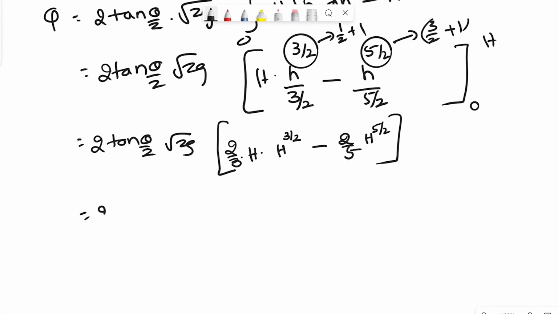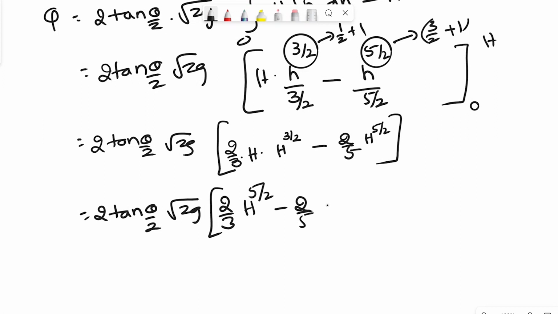Again if I do it, 2 tan theta by 2 into root 2g into 2 by 3 H to the power of 5 by 2 minus 2 by 5 H to the power of 5 by 2.